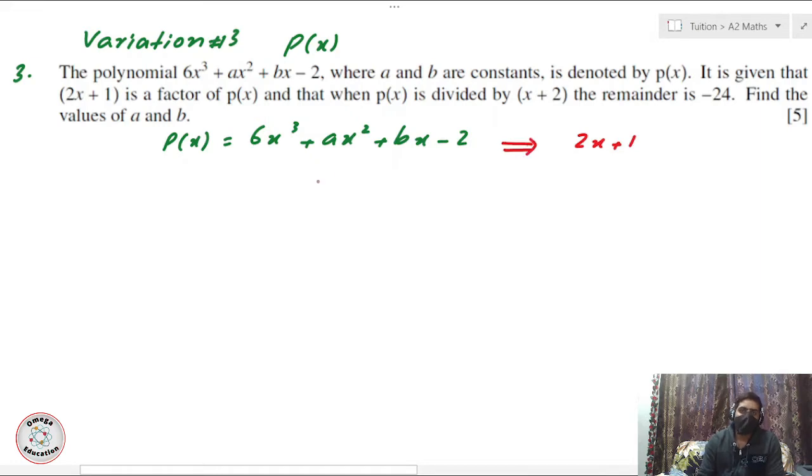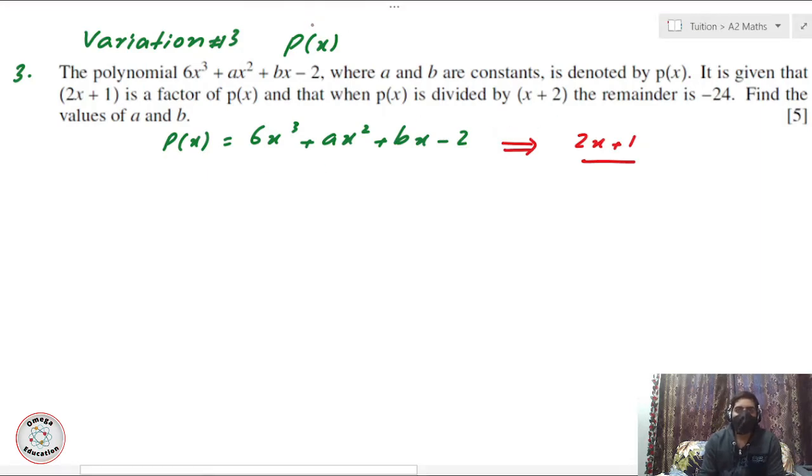If I say there's a thing, let's say 200, and a factor of 200 is 5, that means if you divide 200 by 5, you don't get anything as a remainder, or the remainder is 0. Because if it is a factor, it can completely divide the polynomial. So in this context, 2x plus 1 would completely divide the whole polynomial.